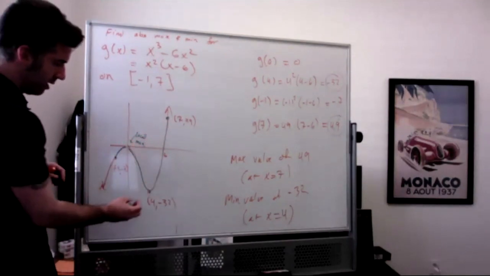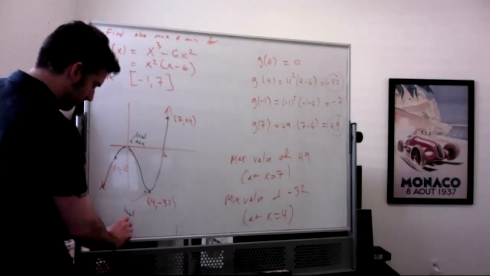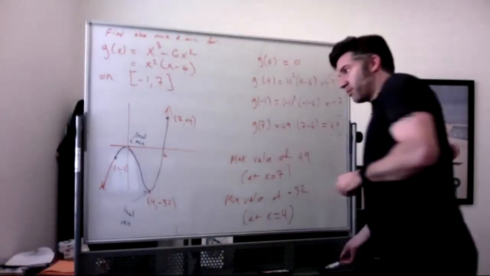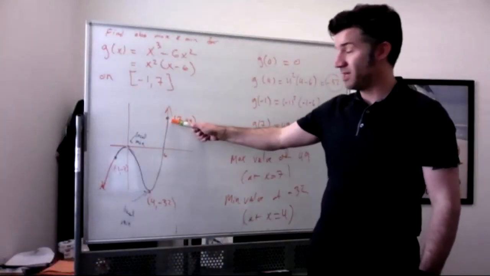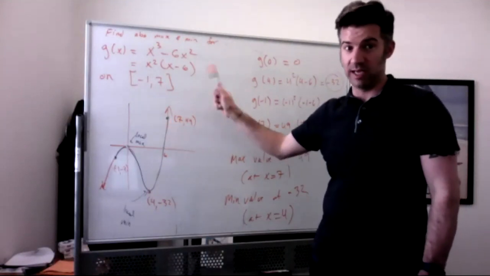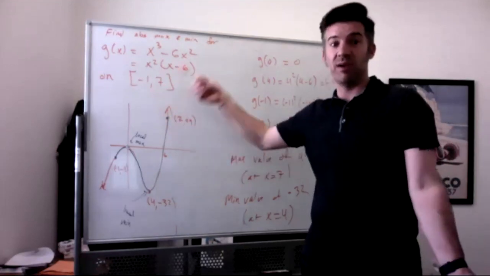In the same sort of way, this point here is a local or relative minimum. This point here is not a relative maximum. It is not bigger than all the things on either side of it, because the things on the other side, which we're not looking at for this interval, are definitely bigger.